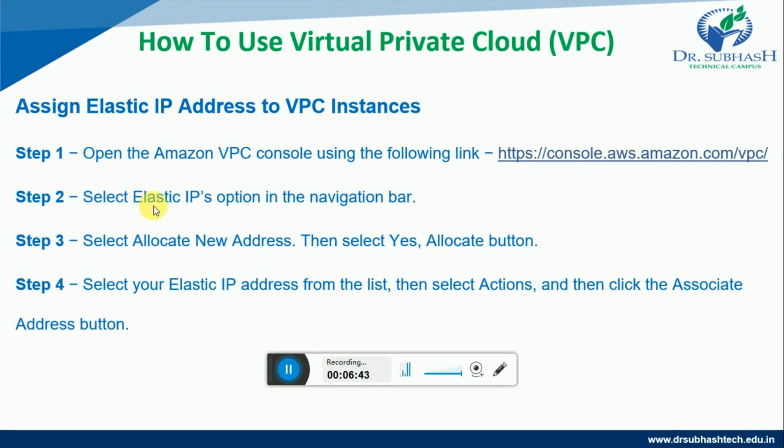Then select the elastic IPs option in the navigation bar. In step 3, select allocate new address and then select yes, allocate. Then step 4, select your elastic IP address from the list and then select actions and click the associate address button. So friends, this is how you can assign your elastic IP address to VPC instances.